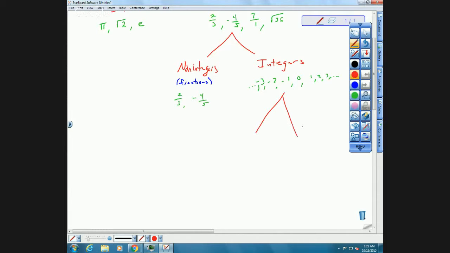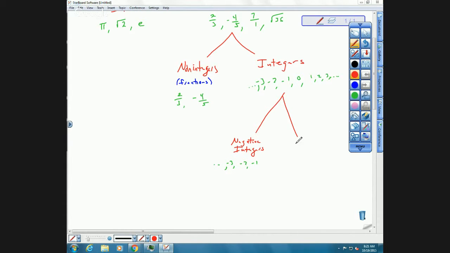So from integers, we can break that apart. What can we do here? We can take away the negatives. So the negative integers would be all your negative numbers.